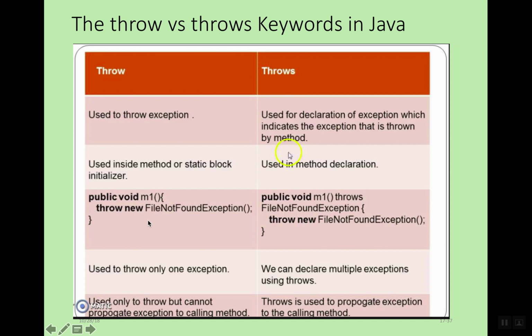If your code or method generates an exception, then you need to throw that exception to its caller method. In order to throw an exception, we use the throw keyword. The throw keyword is used within a method, but the throws keyword is used in the method signature or header line.